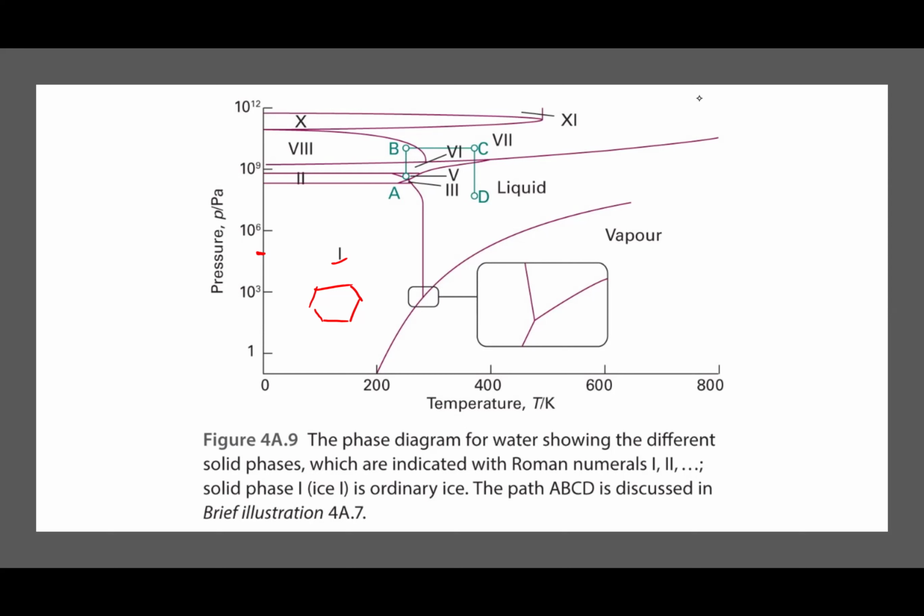That's what tends to happen a lot, as we increase the pressure more and more, like when you get up here to 10 to the 12th pascals. What would that be? Millions of ATM, million atmospheres or millions of bars. That's a lot of pressure.